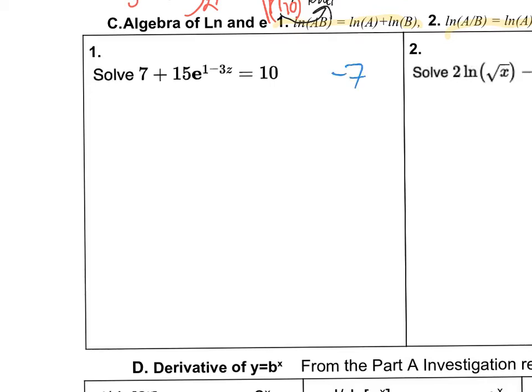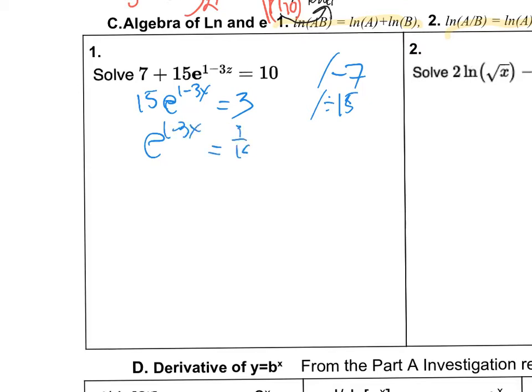You start by subtracting 7 from both sides: 15 e to the 1 minus 3x equals 10 minus 7, which is 3. Next, you divide both sides by 15: e to the 1 minus 3x equals 3 over 15, which simplifies to 1 over 5.